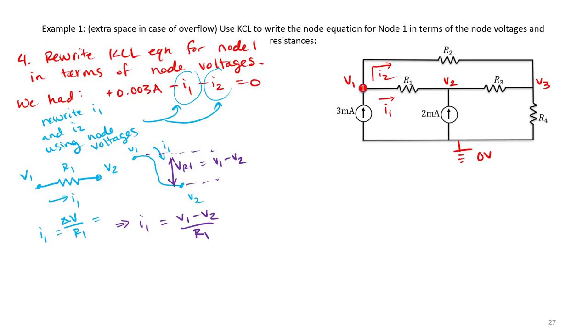Now let's consider I2. So for I2, notice we begin at node V1, we go through our resistor R2, and then we end up over at V3. So in this case, by the same approach, we can determine that I2 must be equal to the voltage drop across R2 divided by our resistor R2.